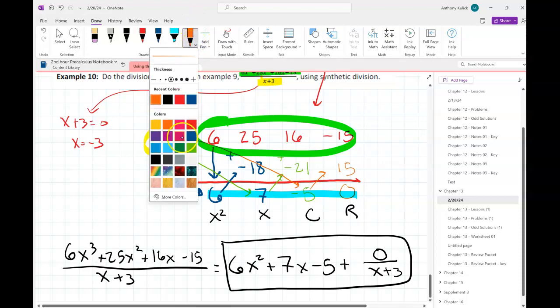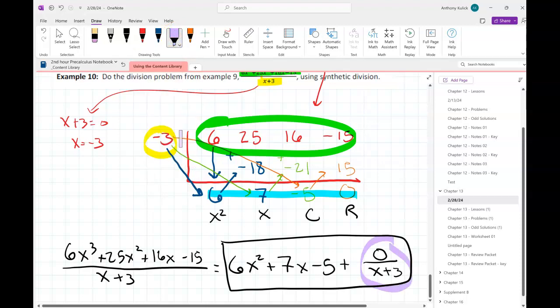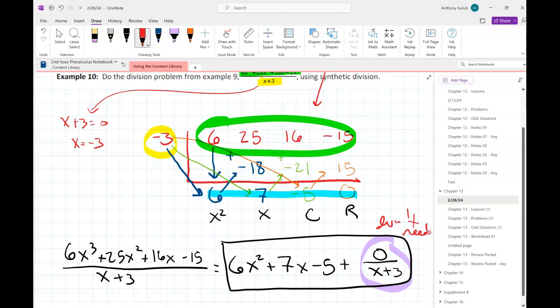And keep in mind here, since the remainder is 0, you don't really need to write 0 over something because it's just 0 and plus 0 does nothing, right? You guys feel okay on this? You remember doing this, hopefully, from Algebra 2?